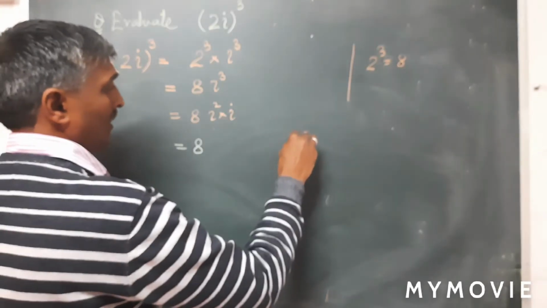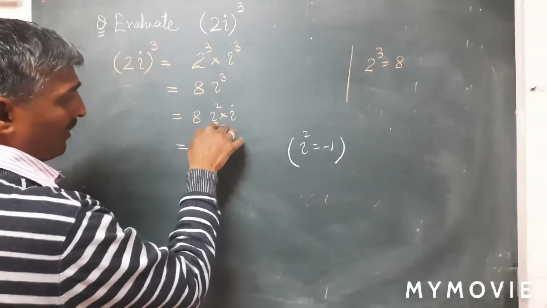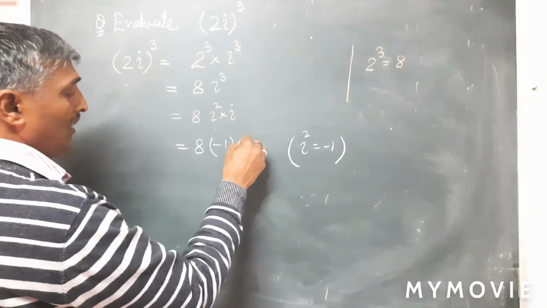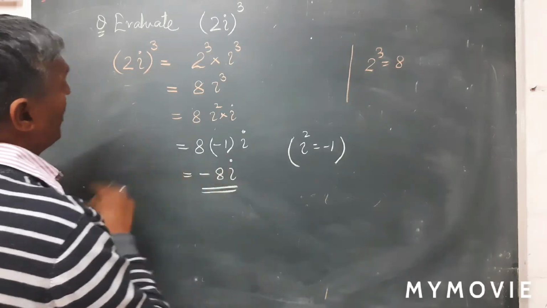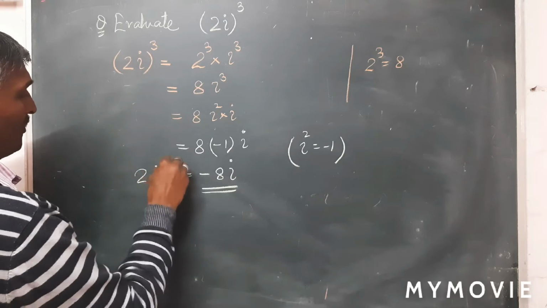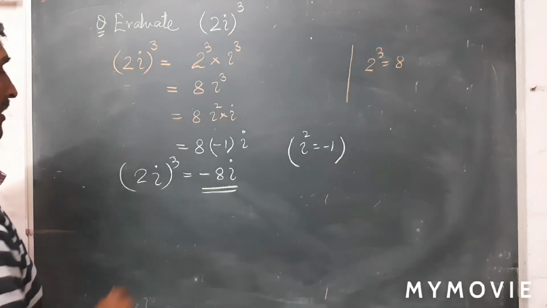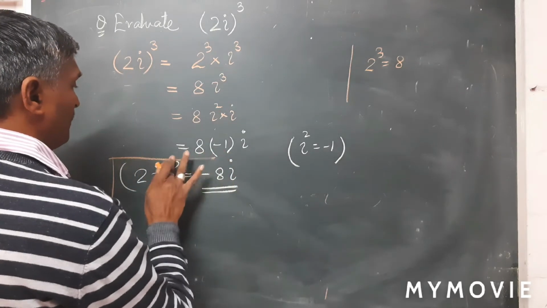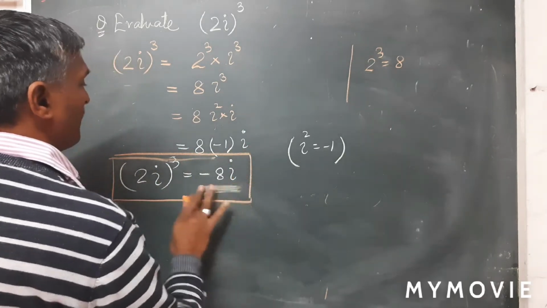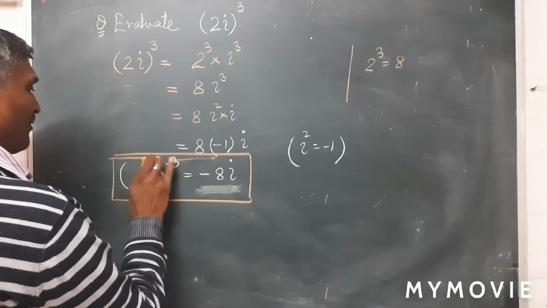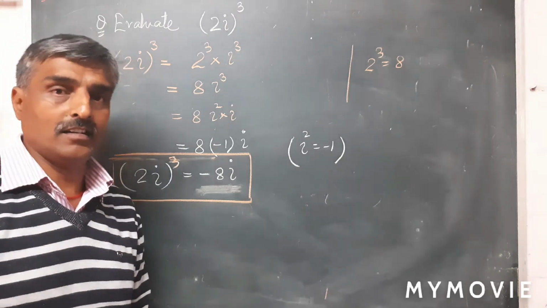Since iota square is equal to minus 1, iota square की जगह क्या लिख देंगे बेटा? Minus 1 into iota, that is minus 8 iota. So 2 iota to power 3 is equal to minus 8 iota.